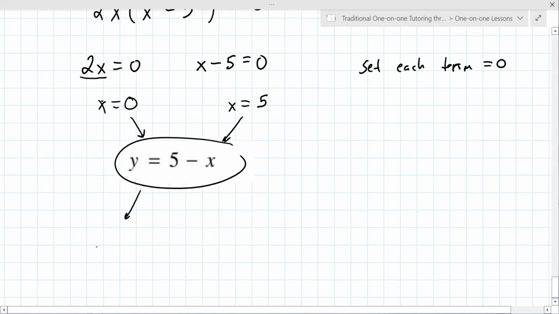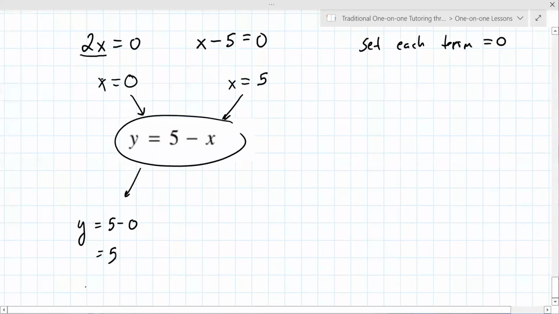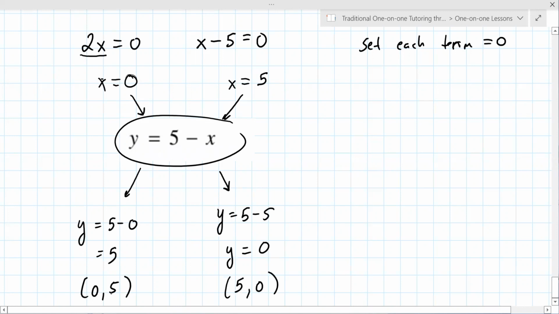When x is 0, y equals 5 minus 0, which is 5. So your ordered pair is 0, 5. And then you do it again when x is 5. When x is 5, y equals 5 minus 5, y equals 0, so 5, 0. And no, they don't always work where they just flip. That would be a dangerous assumption to make.